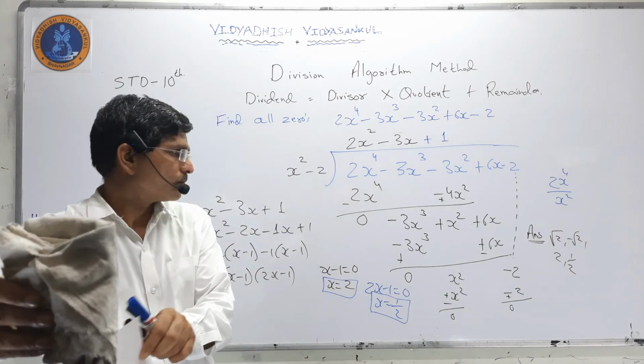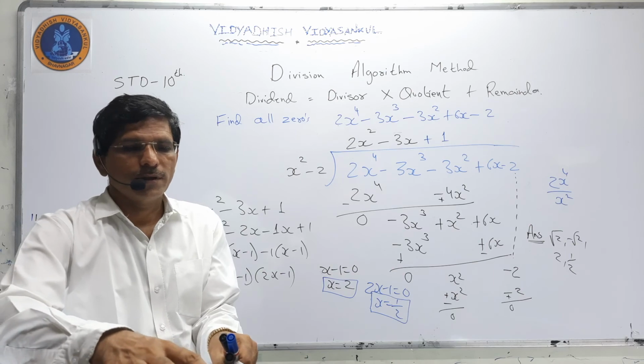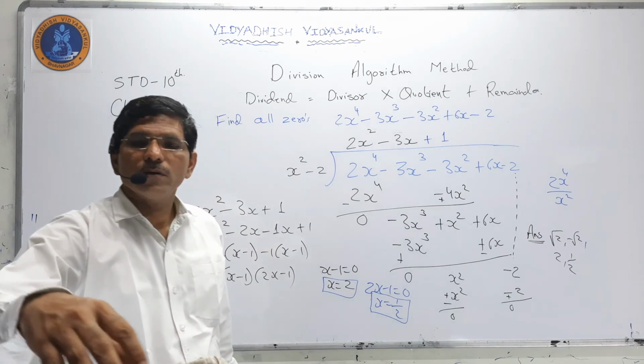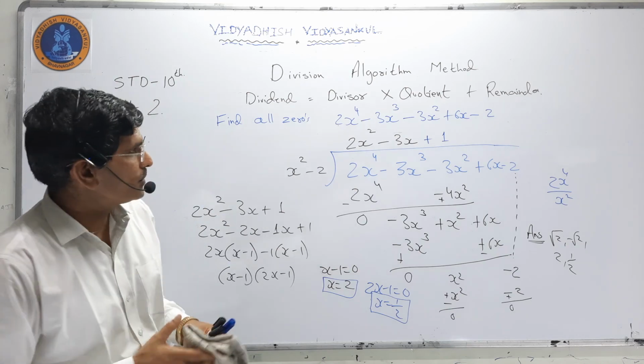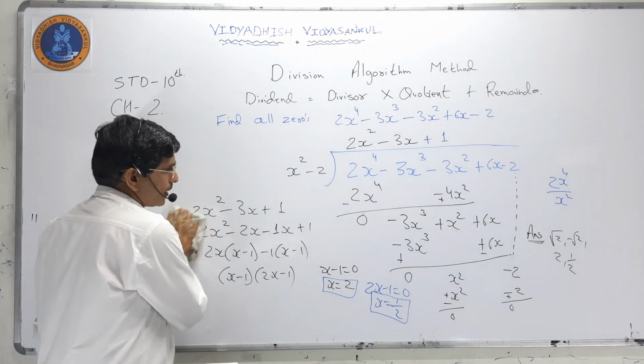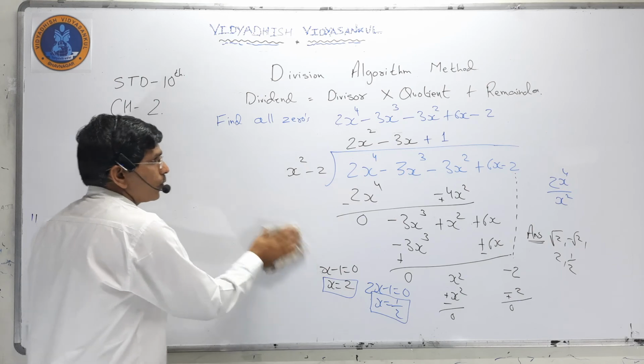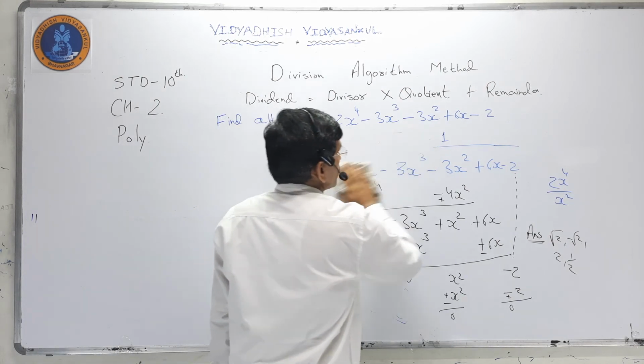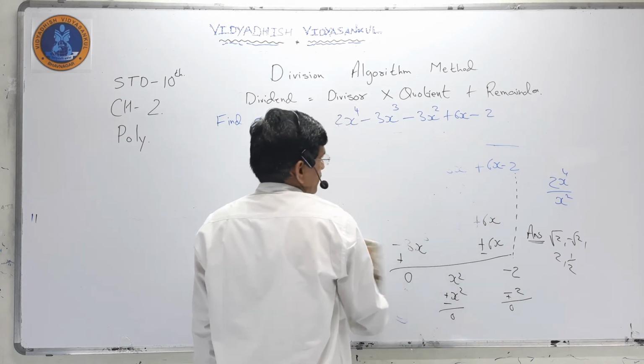So I hope you have written it. Now I have to rub this, and there is one more sum related to it, but I will give you some hints on how to solve this.